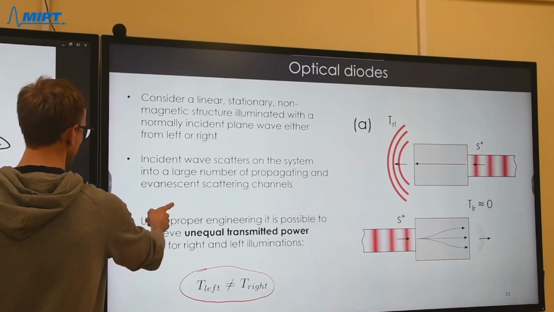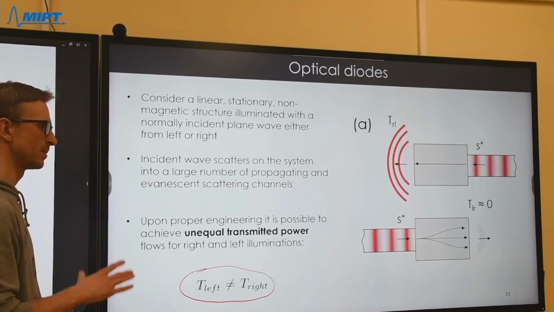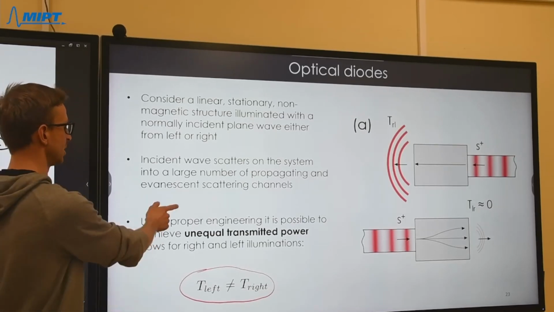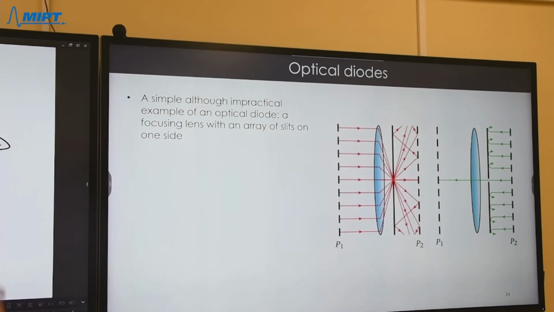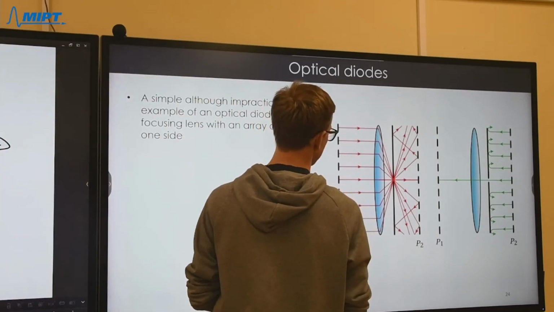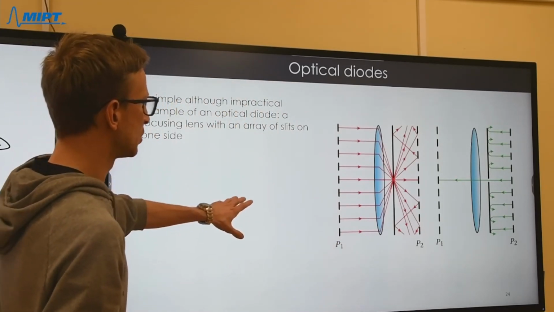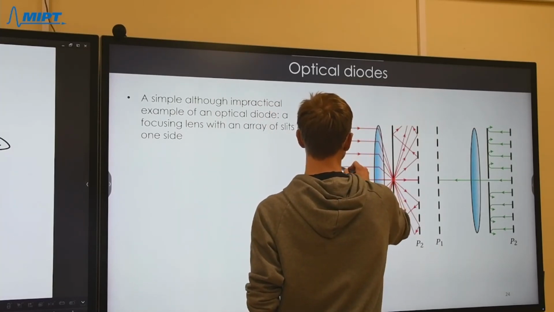And to give you an example of a completely reciprocal system that features the optical diode functionality, consider this. This is a lens with an array of slits. And no, this is not an array of slits. This is an array of sources. Sorry, these are elementary sources.